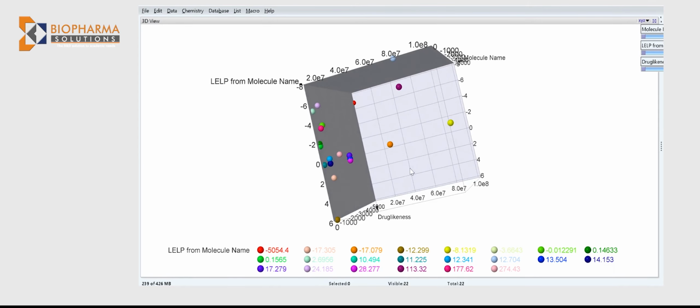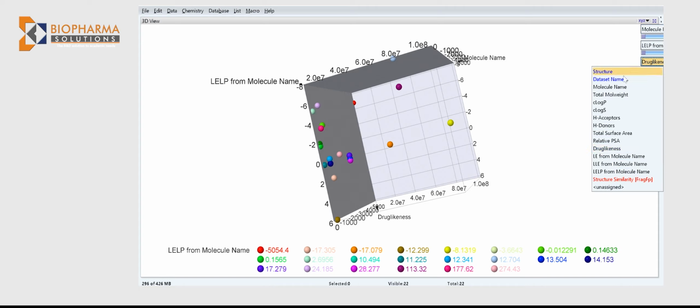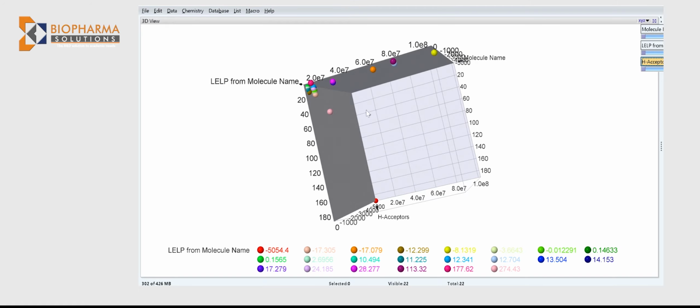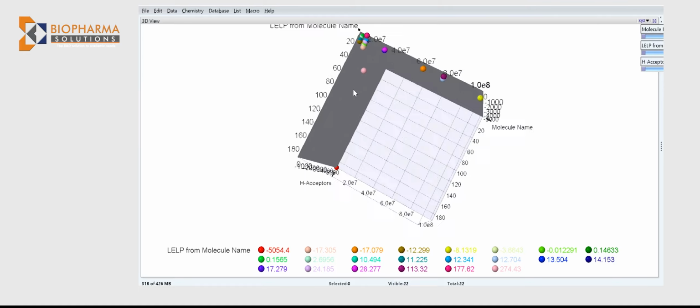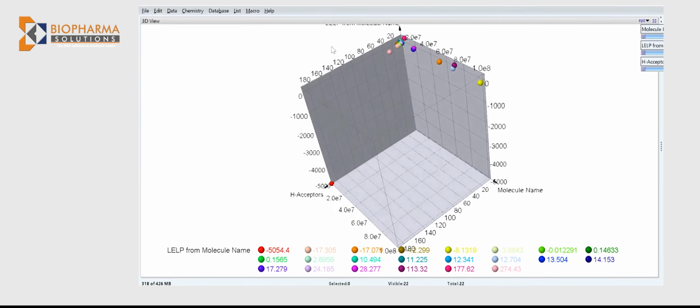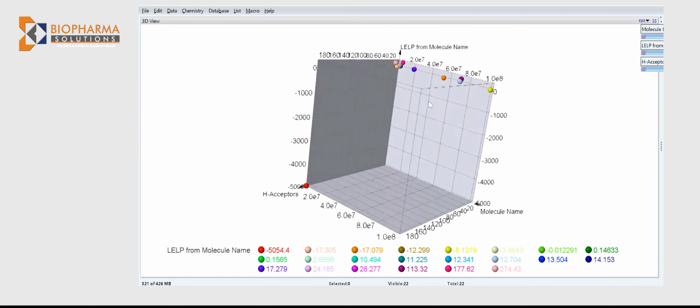The major thing which you have to remember is there is no rigid rule as far as the screening is concerned, but definitely it will give you some idea about the relationship here itself. Suppose you want to see the relationship with LELP. Suppose I take, instead of drug likeness, hydrogen bonding acceptor. So what I see is any molecule's dependence on hydrogen bonding acceptor, I'll be able to see.